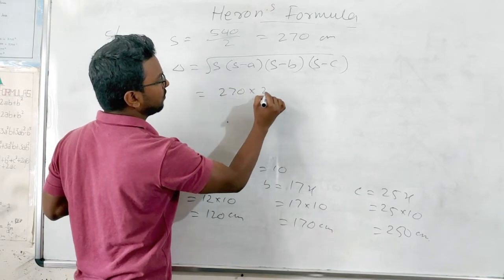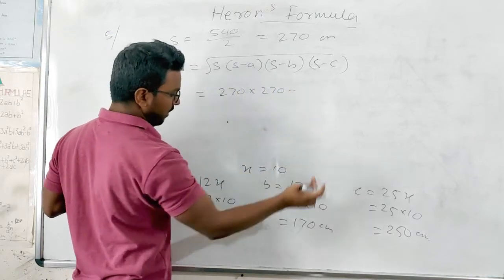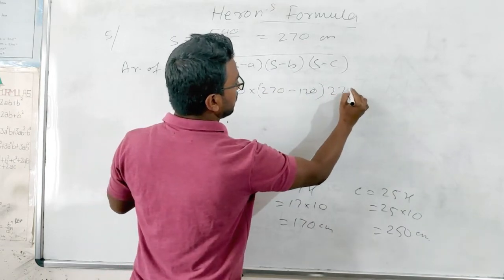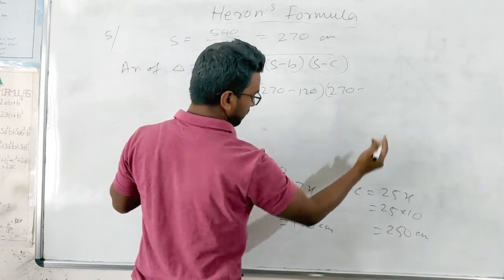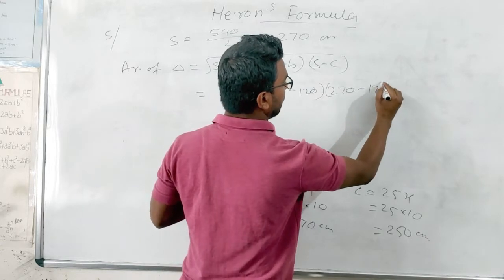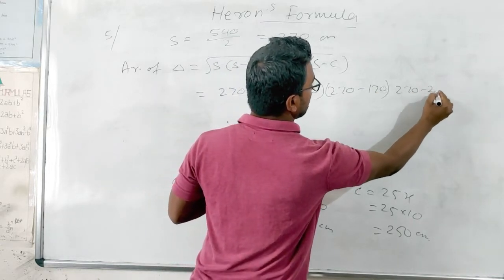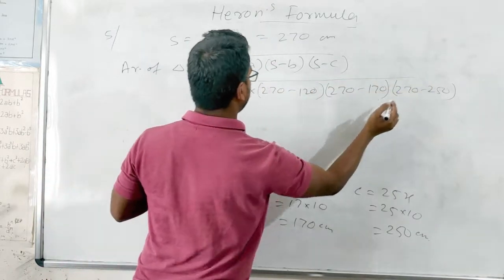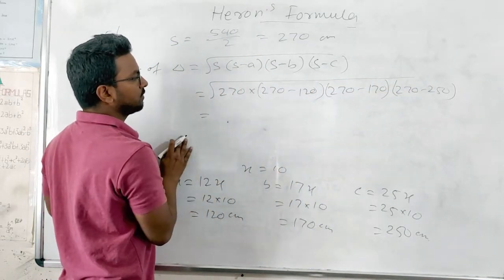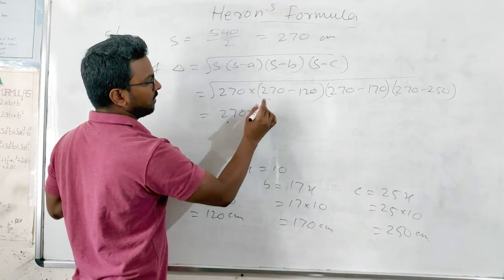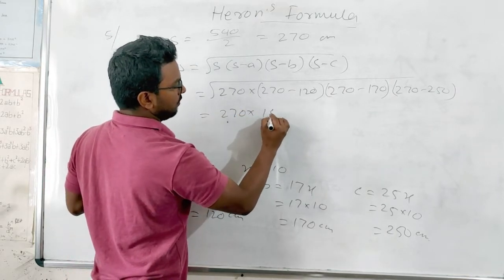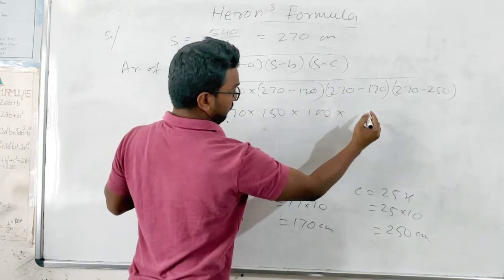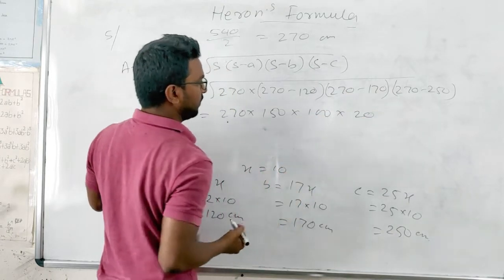So what is S? 270 into 270 minus A, what is A? 120. 270 minus 170. Again 270 minus 250. So 270, 150, 100, 20.